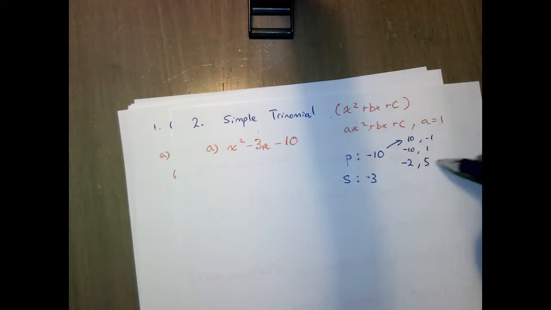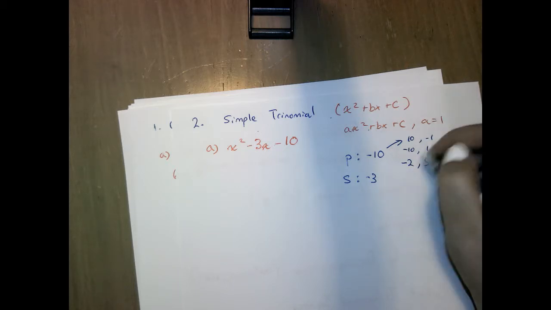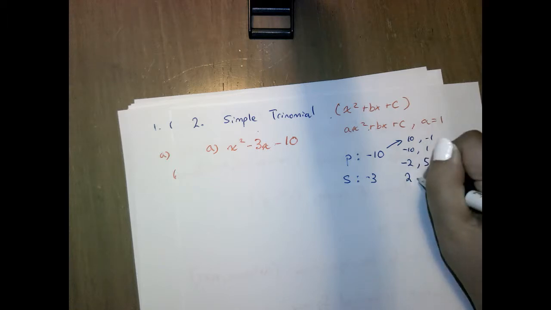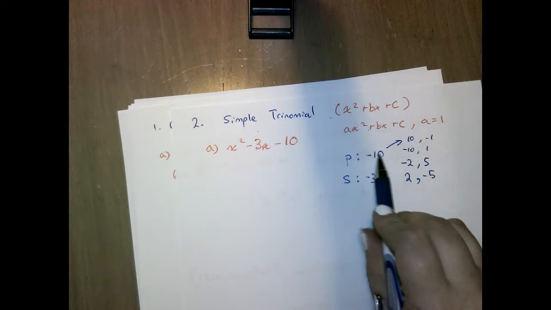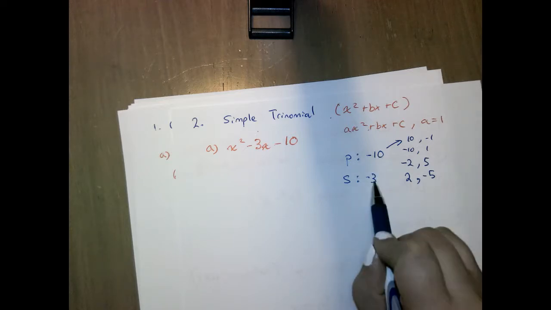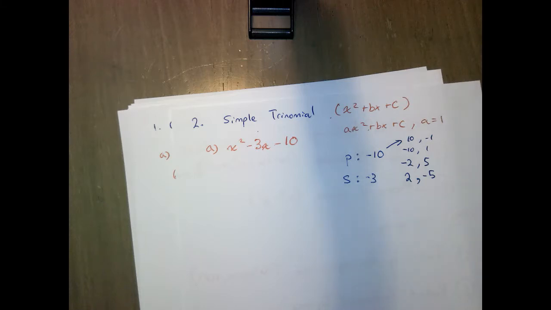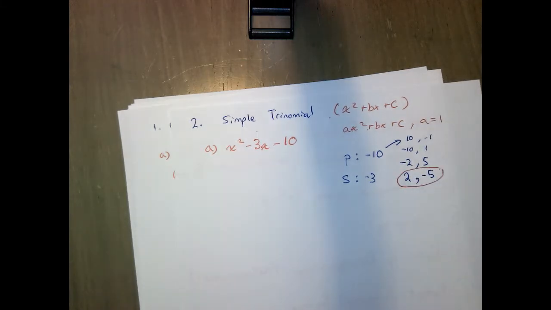Negative 2 times 5 is negative 10, but negative 2 plus 5 is equal to positive 3, so it can't be that one. I also have a positive 2 and a negative 5, and that multiplies to negative 10, and when I do 2 minus 5, that has a sum of negative 3. So that's how I know that these are my two numbers I can use when factoring my simple trinomial.